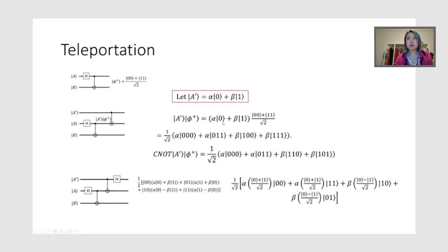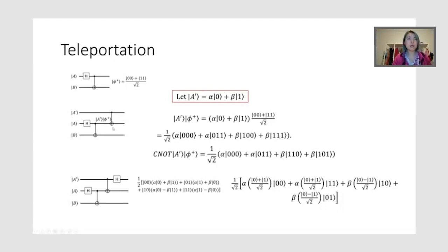If you write the whole thing out, this is your phi plus, this is your A dash, and you can expand it. It becomes 4 terms. This is what you would get just by writing down the qubits one by one: 0, 0, 0, 0, 1, 1, 1, 0, 0, 1, 1, 1. So you get 4 possible terms in superposition.